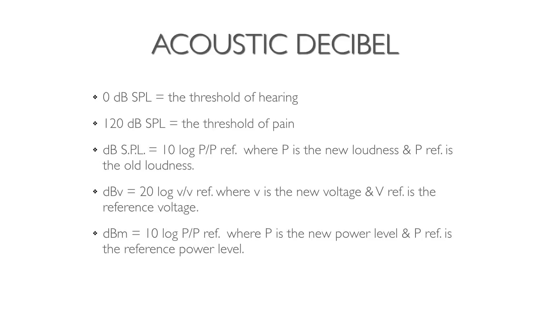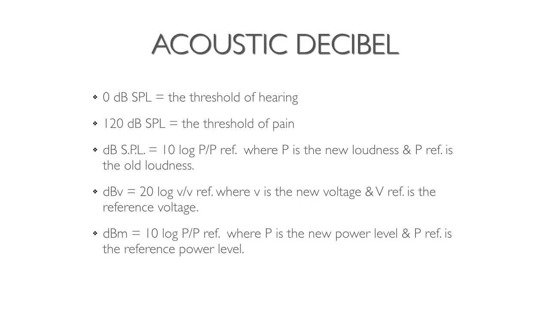And when they did it across a large number of people, they came up with a value, an intensity that they relate to 0 dB SPL. So 0 dB is just defined as that point at which you start to hear a sound, if you have good hearing. And then at the other extreme, we have 120 decibels, which is generally considered the threshold of pain. Now, this is, of course, variable. It depends on what you're listening to and the frequencies. But when you get up to that level, it starts to get painful, or maybe it already is very painful.